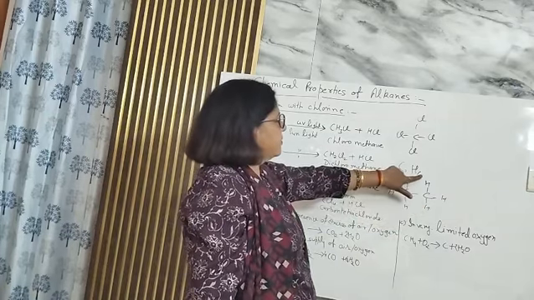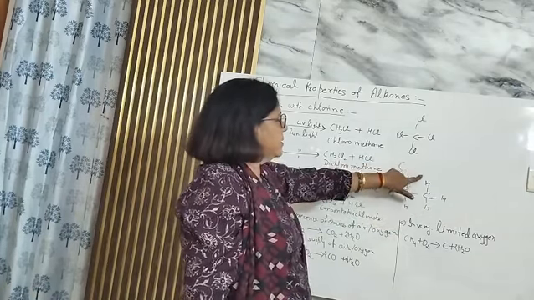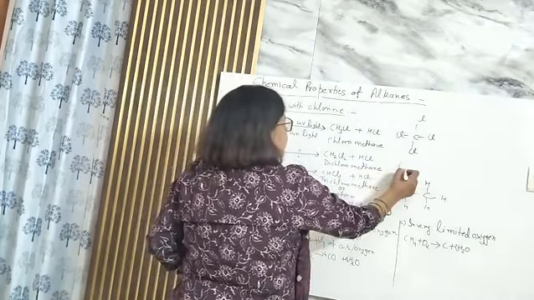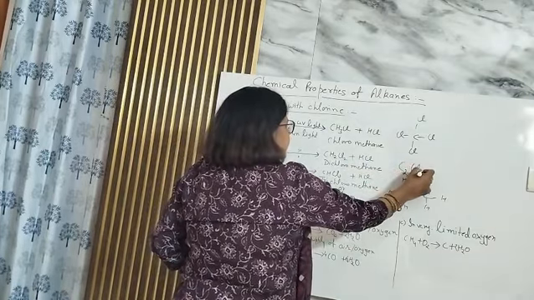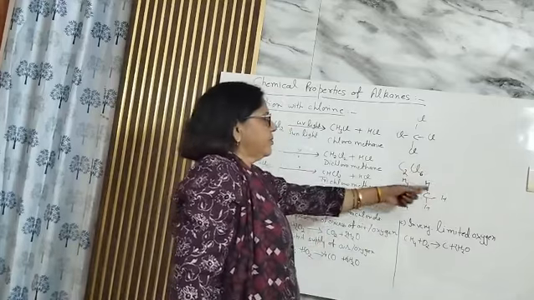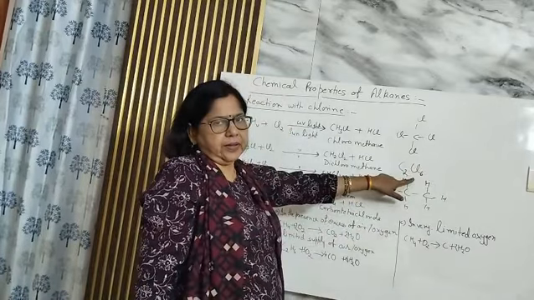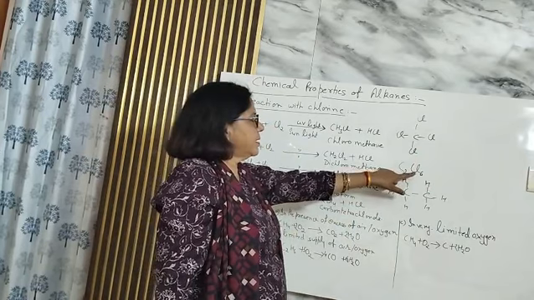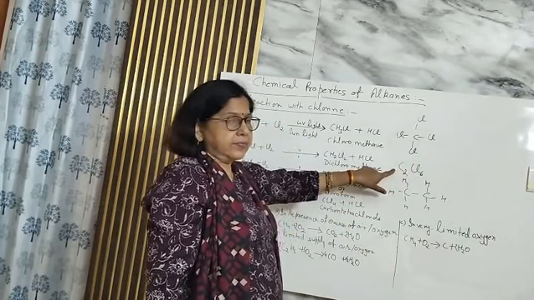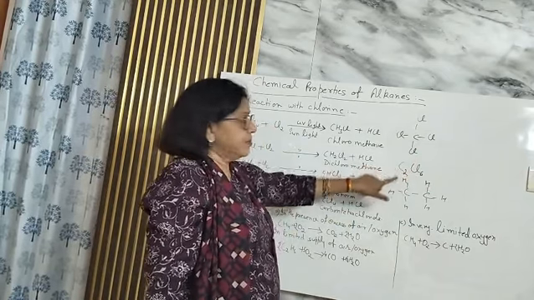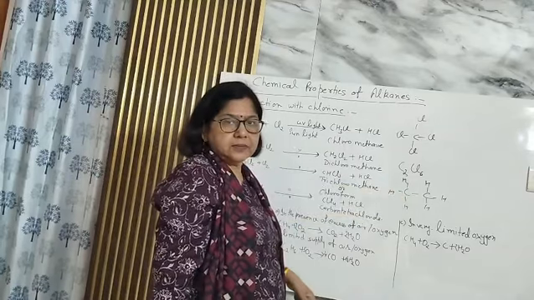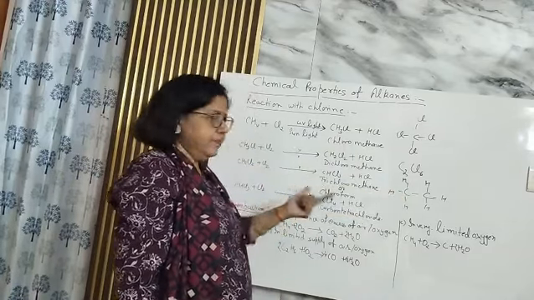So at the last, what will be the compound you will be getting? Your compound will be C2Cl6, when all the hydrogens will be replaced by chlorine. So the compound will be hexachloroethane, because there are 2 carbon atoms. So it will be eth, right?